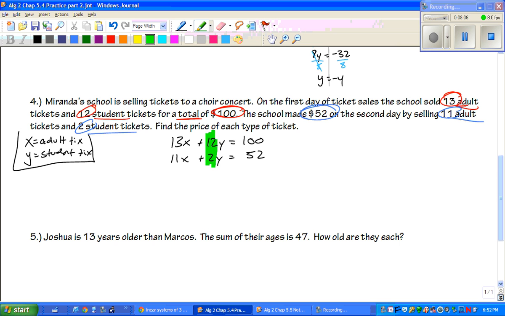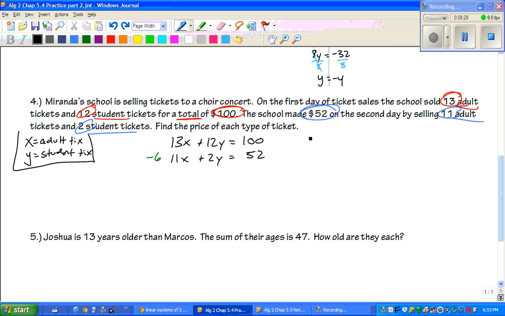Okay, so what I'm going to do is cancel out the y's, because that's going to be the easiest to do. So what I would have to do is multiply the bottom equation by negative 6, because then the y's, this guy right here, would turn into a negative 12, and that's what we're looking for.